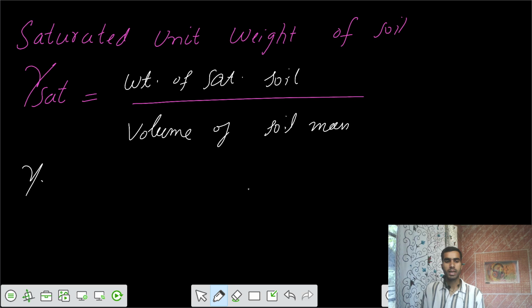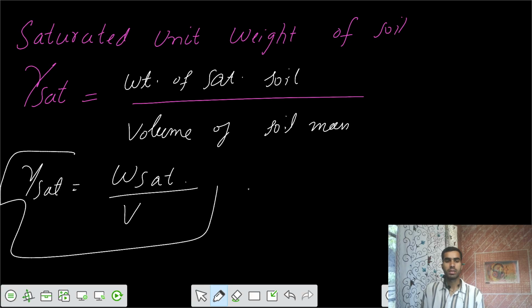So we can write gamma sat equals the saturated weight of the soil divided by the volume of the soil mass.